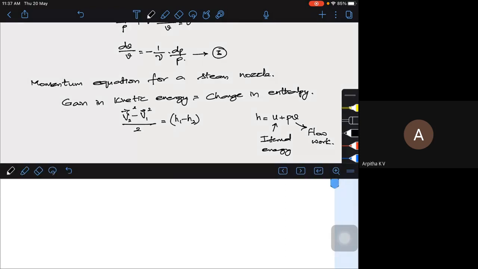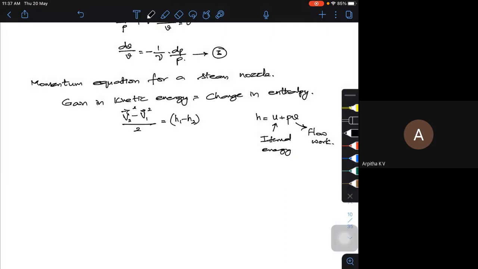Now what I'm going to do is substitute for this H here. Therefore V2 square minus V1 square by 2 is equal to U1 plus P1 V1 minus U2 plus P2 V2.